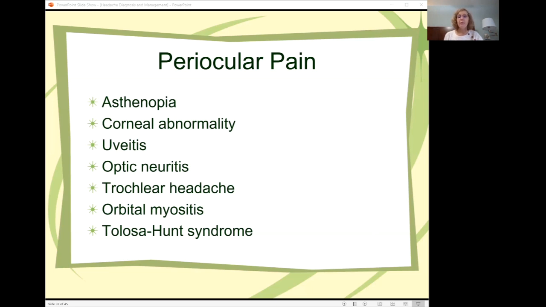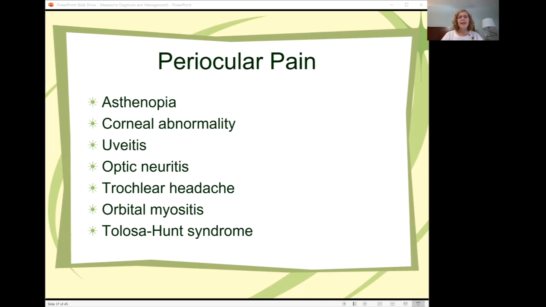These patients will have pain right below the medial brow, and it may worsen with down gaze in adduction. It's a continuous dull ache of moderate to severe intensity. Palpation will cause exquisite tenderness, and there may be swelling.